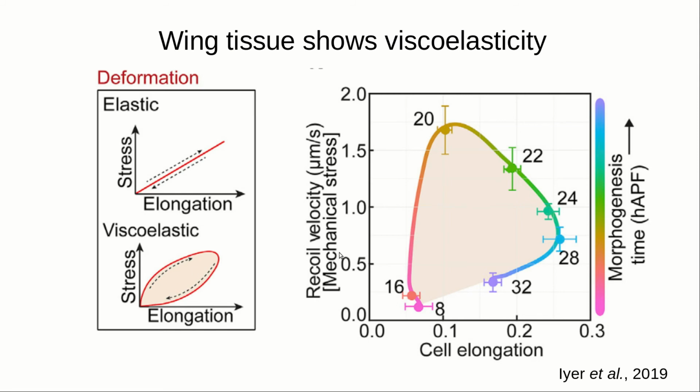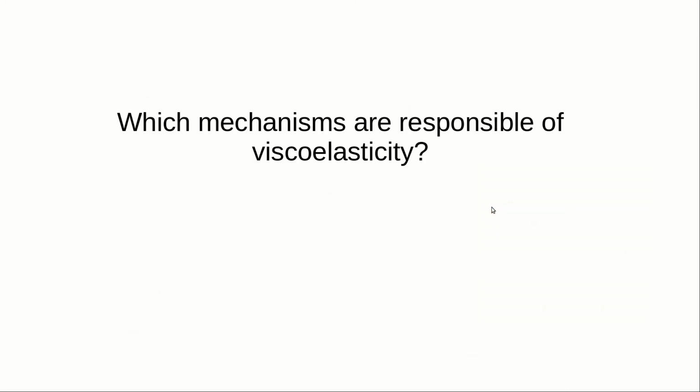So when they plot the recoil velocity, which is the tension, against cell elongation, they get this kind of shape, meaning that the wing tissue has this viscoelasticity, and the area inside of the circle is related to how viscoelastic the tissue is.